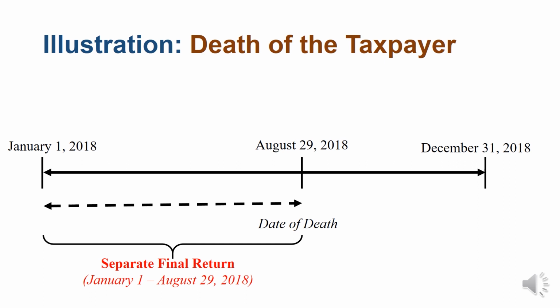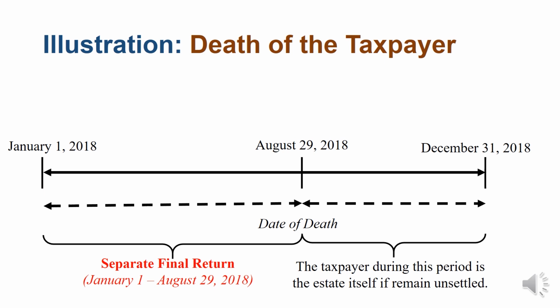How about starting August 30 to December 31? Of course, there will be no return because the taxpayer is already dead at that time, right? So there will be no more incomes. If the estate remained unsettled, for example, if the properties or the estate of Alexis, of the taxpayer, remained unsettled and continues to earn income, then the estate itself will be considered as a separate taxpayer.